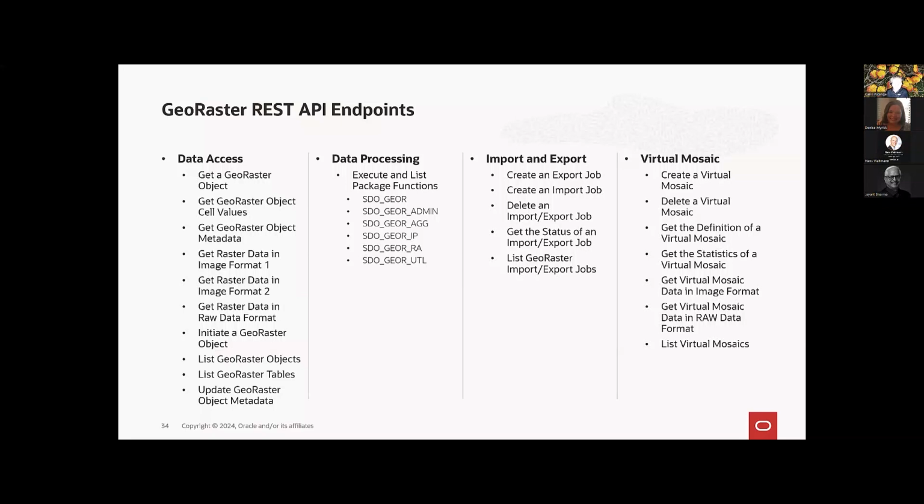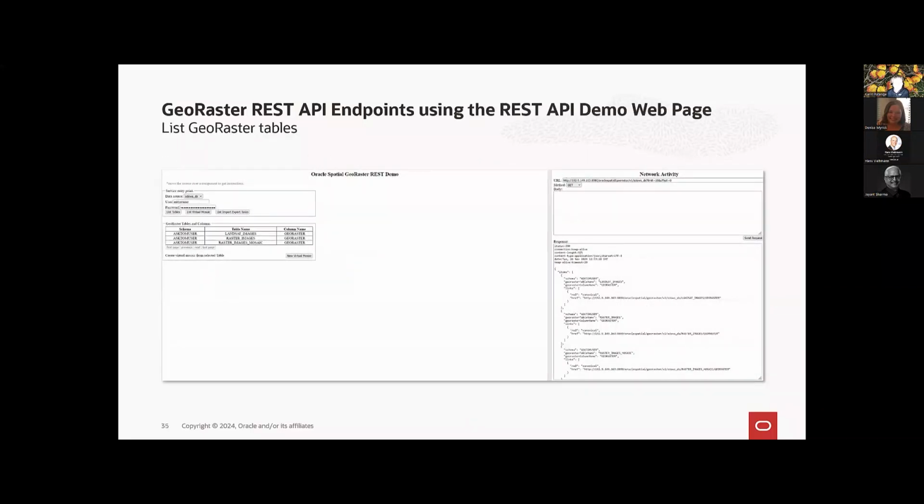But these are the packages you can run using the REST endpoints, and everything else is quite familiar from what you can do with raster data and how you can access raster data, so you can use your REST endpoints to do exactly those things. And I've included a few examples here.